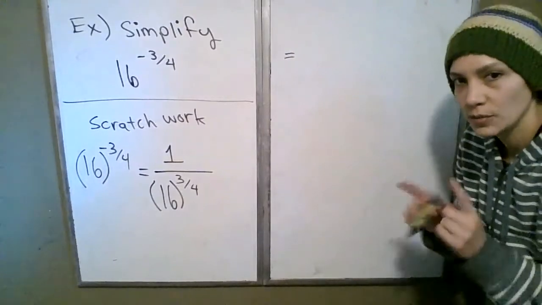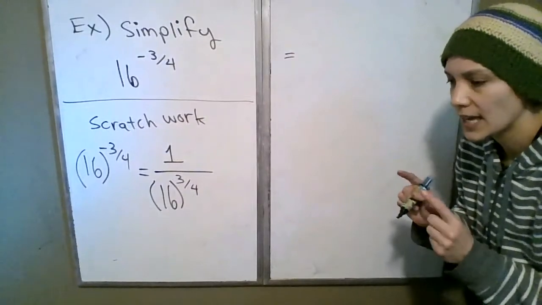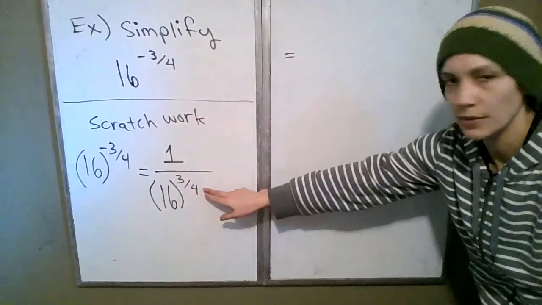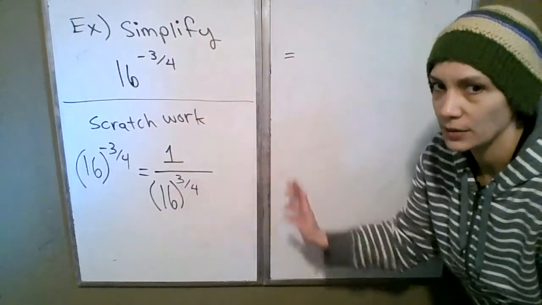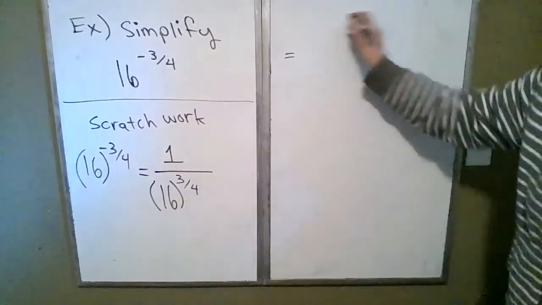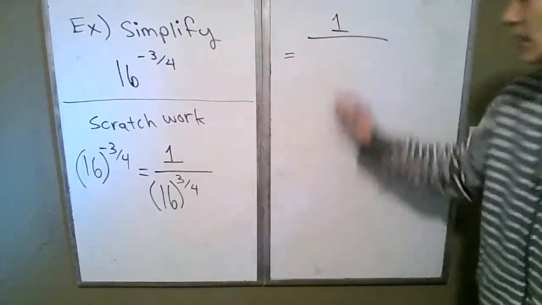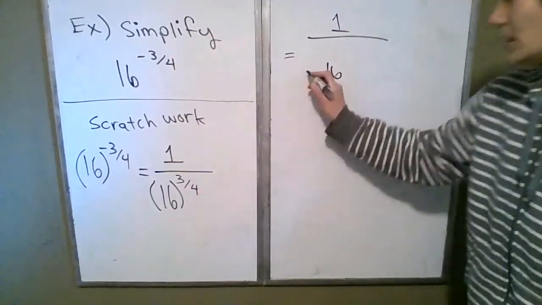Next, I would rewrite that fraction exponent. You need your denominator to be the root, so a 4th root, and I'm going to put the power on the outside of the root. So there's a 1 in the numerator. We take 16, give it a 4th root.